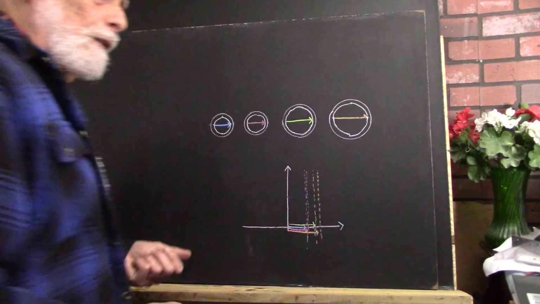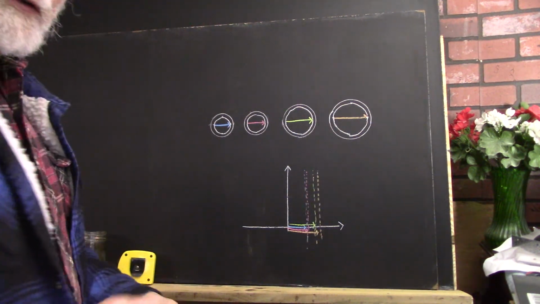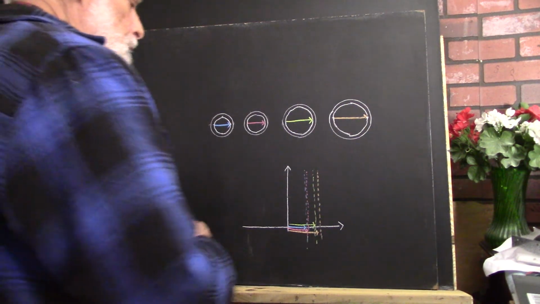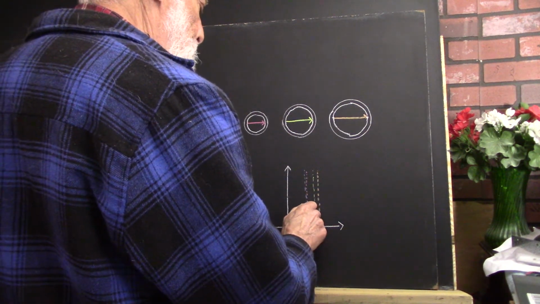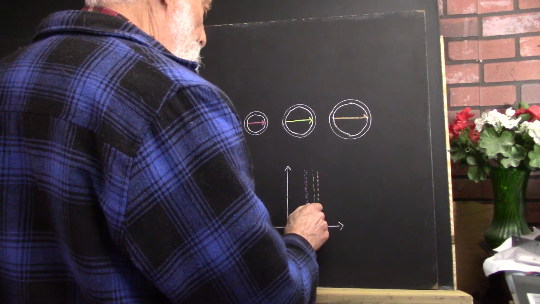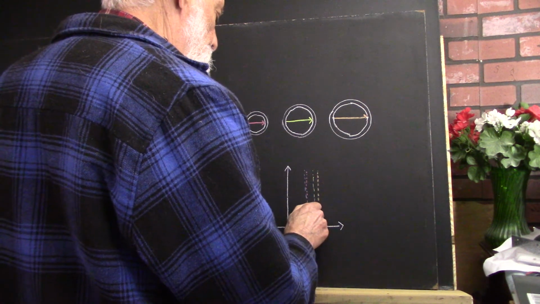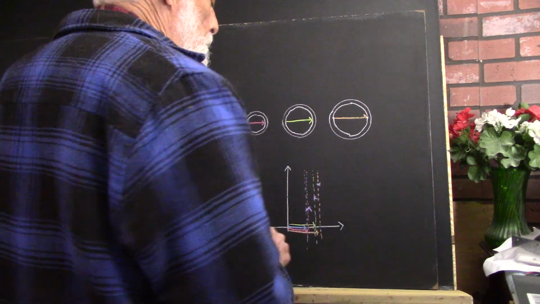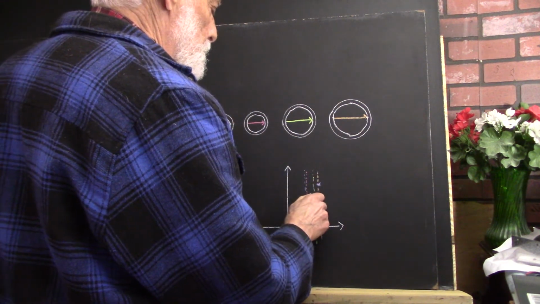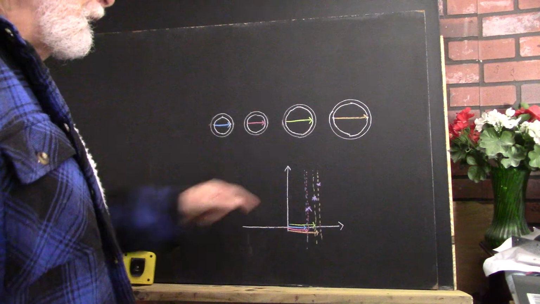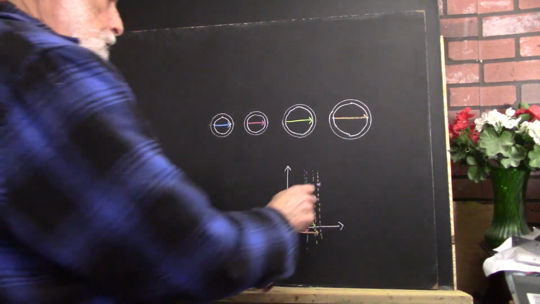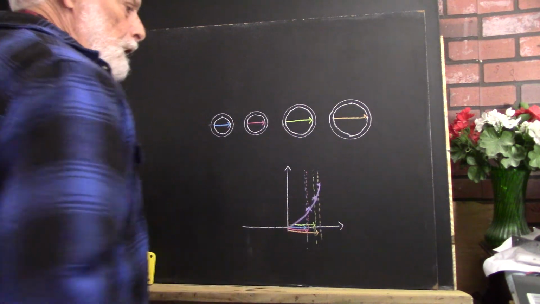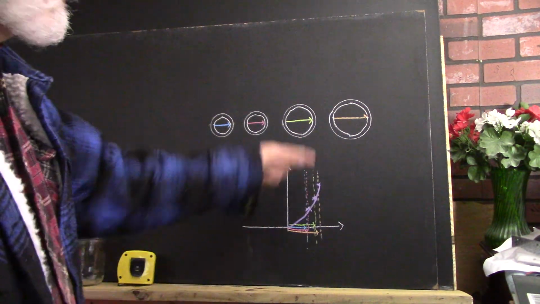So now I've got 5 vertical lines, and if on each of those vertical lines I sketch a point, then I'll have 5 points on a graph, and that graph might look something like this.